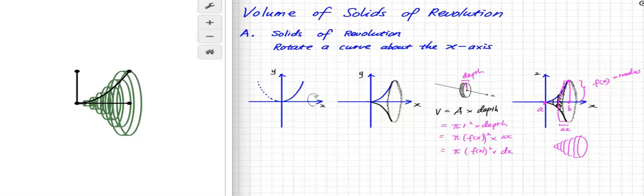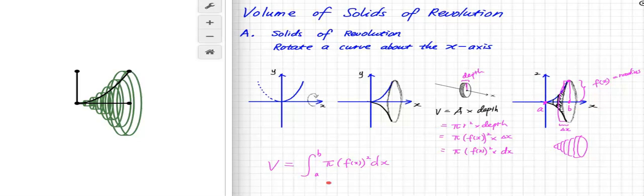Therefore, we're going to use integration, because integration means adding all these small slices up. So the actual volume is the sum where you start the curve, in this case from a, and where you stop the curve, b, adding all the volumes up, which is f of x squared dx.